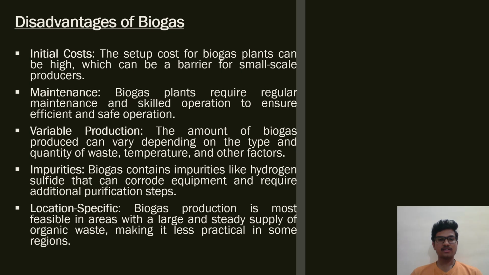Impurities: biogas contains impurities like hydrogen sulfide that can corrode equipment and require additional purification steps. Location specific: biogas production is most feasible in areas with a large and steady supply of organic waste, making it less practical in some regions.